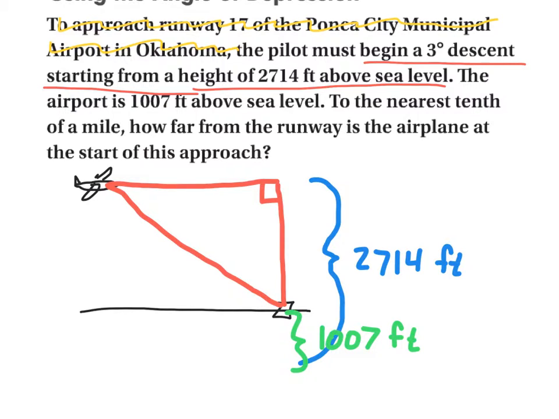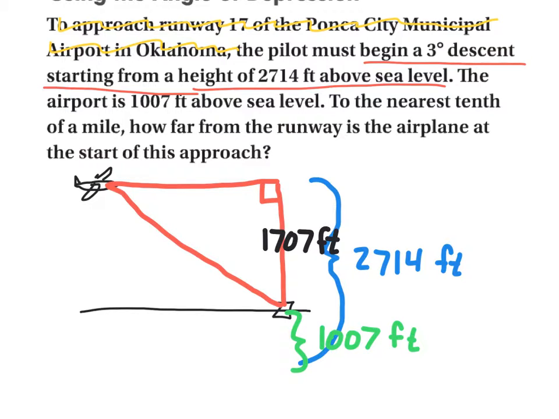Right, we need to take 2,714 minus 1,007. And what do we get? 1,707, right? All right, so this is 1,707. Okay, so that is the height we need to use for our airplane in our calculation.